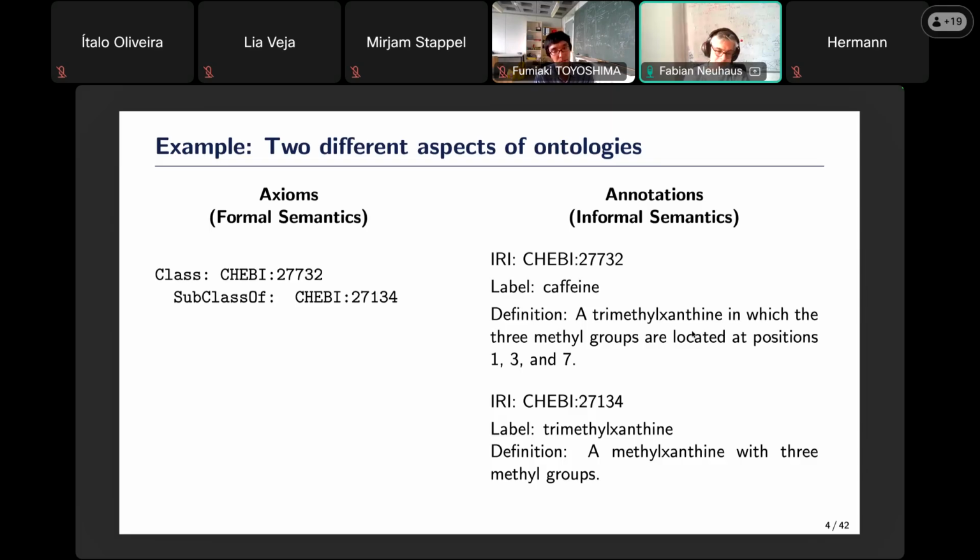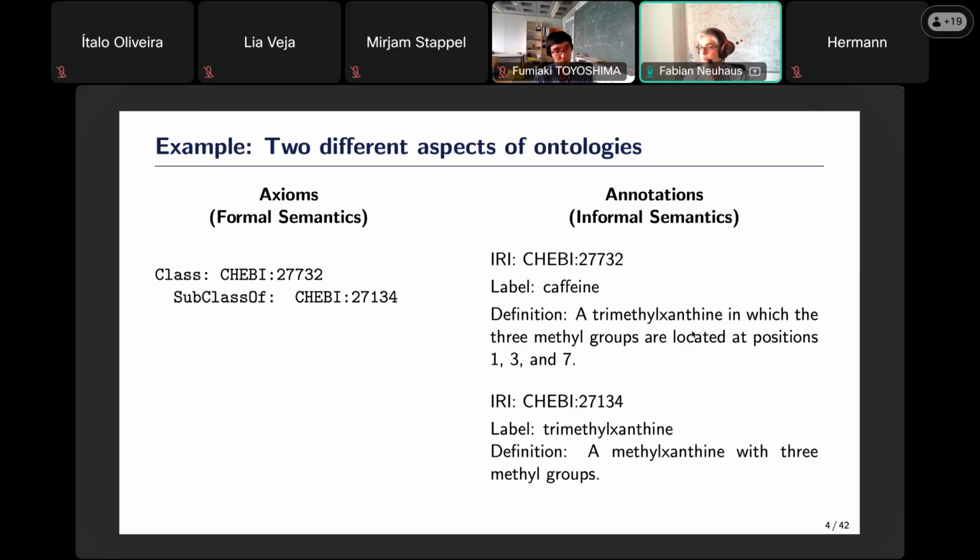Of course, ChEBI has more information, but I'm just providing you a selection. The second class is a class which I have difficulties to pronounce. I will try my best: trimethylxanthine. Only with the help of the information in the annotations do we know what the axiom is really supposed to represent, namely that caffeine is a particular kind of trimethylxanthine.